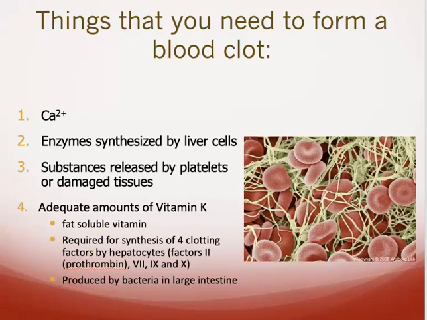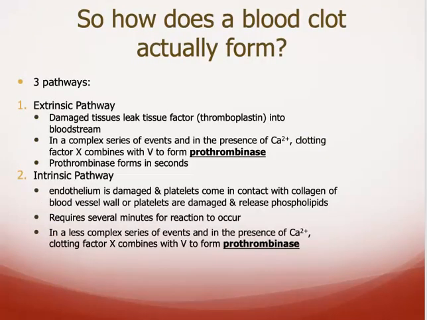Sometimes people may be deficient, in which case it can be supplemented via diet. Okay. There are 3 pathways to form a blood clot. Again, we're going to simplify the first 2, the extrinsic and intrinsic pathways, because they are very, very complex, and you do not need to know this long, complex process. In general, both of them are going to end up forming something called prothrombinase.